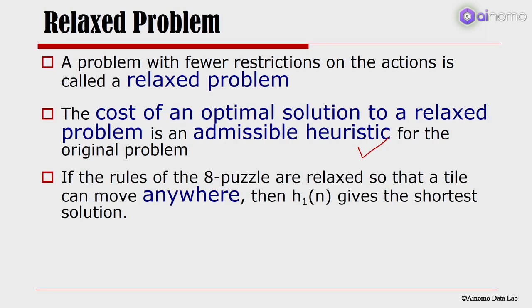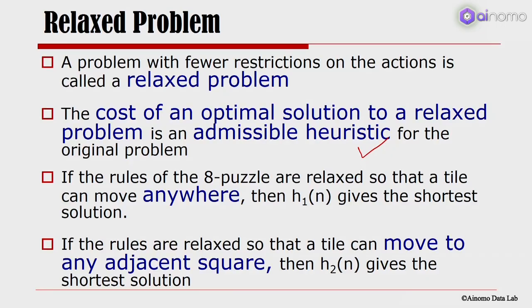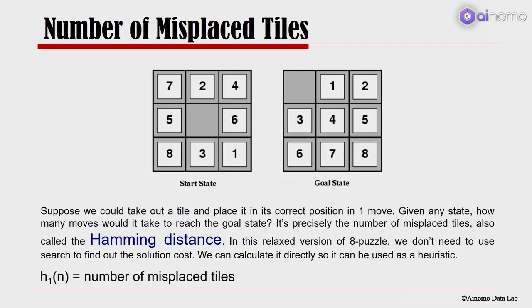If the rules of the 8 puzzle game are relaxed so that a tile can move anywhere, then I get the shortest solution because I pick up every tile and put it in its original position. If the rules are relaxed so that a tile can move to an adjacent square, that gives me another shortest solution, and so two heuristics.